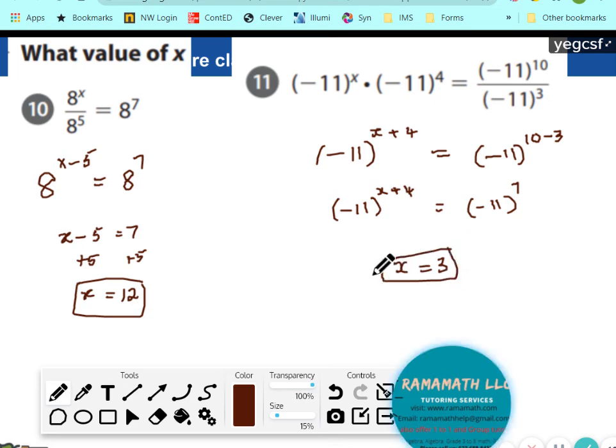That's right, x equals 3, because 3 plus 4 is 7. That's it. You don't even need to solve. You can look at it and get it right away. So 3 plus 4 is 7, so the x value is 3. Like that, we solve these types of questions. And you have 1 or 2 questions on the test also. So make sure you guys do well. All right, let's do the next slide.